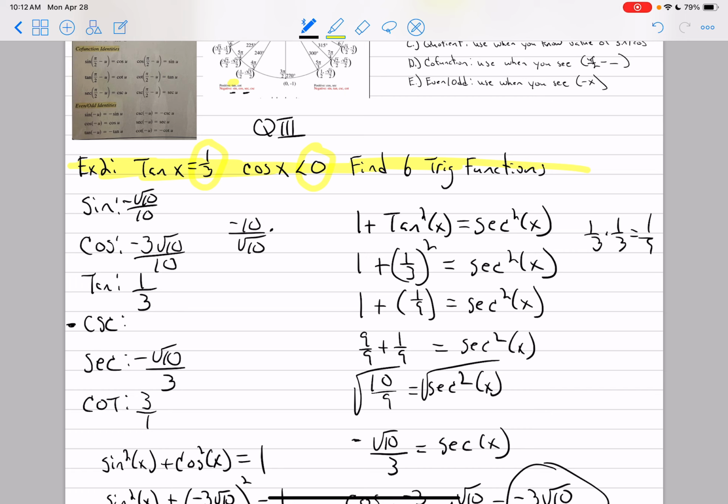I took the reciprocal of this and rationalized it, and I end up with negative 10 root 10 over 10. These can cancel out, so I end up with just negative root 10. Cosecant is negative root 10. I just found them all.